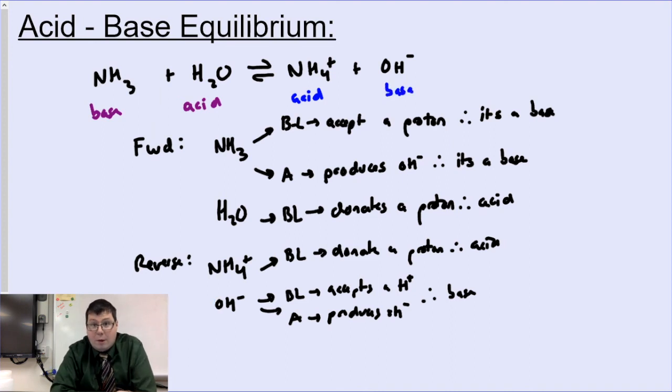So we can see that this equilibrium is between a base and an acid, and a base and an acid on each side. And so what we've set up are what we call conjugate acid-base pairs.